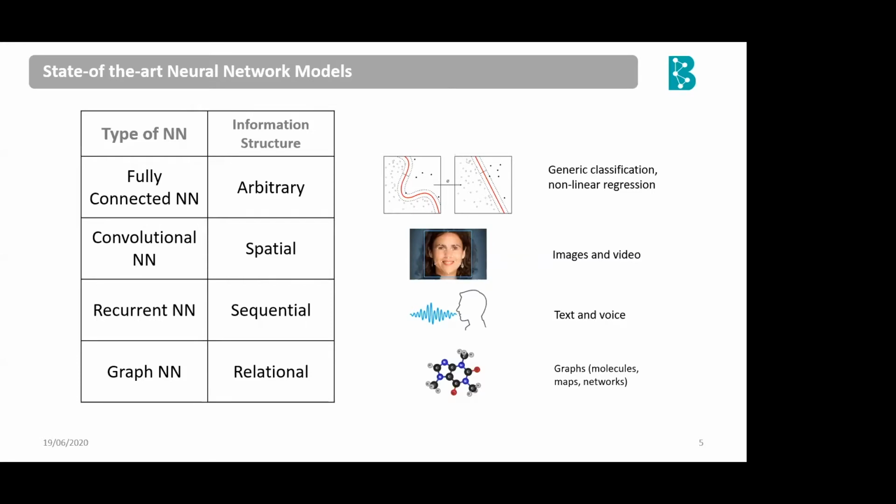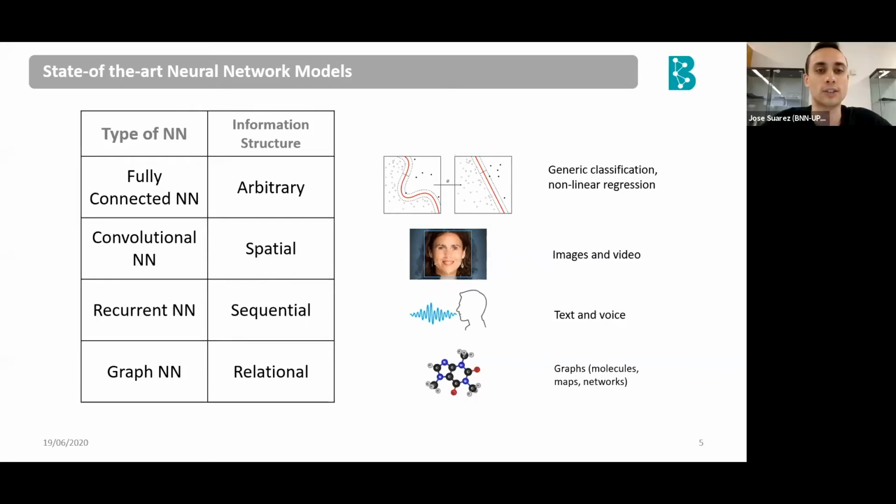These architectures are designed to process and exploit information that does not have any particular structure, so we have arbitrary order or arrangement. They can be used, for example, to address problems of generic classification or non-linear regression in general.